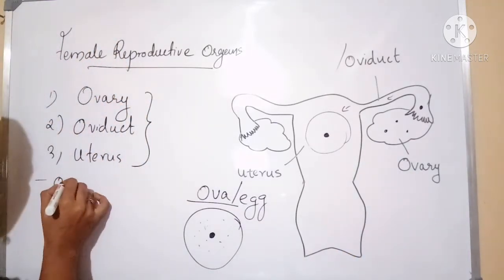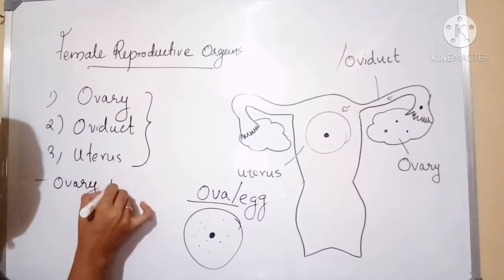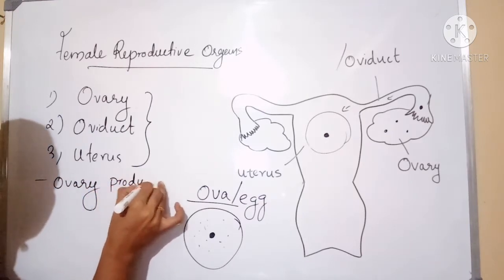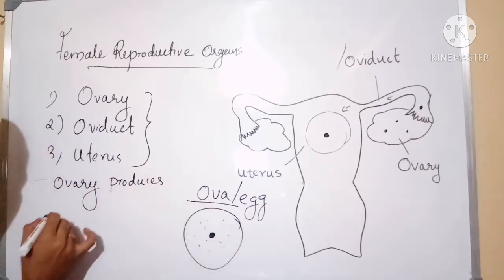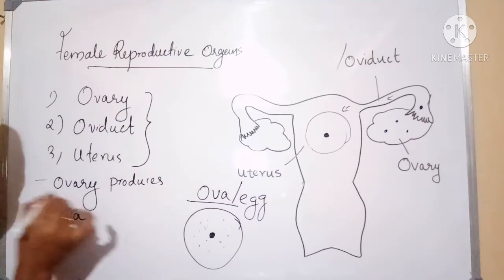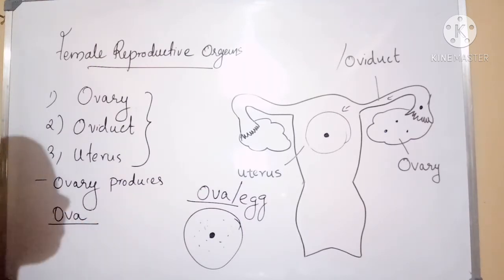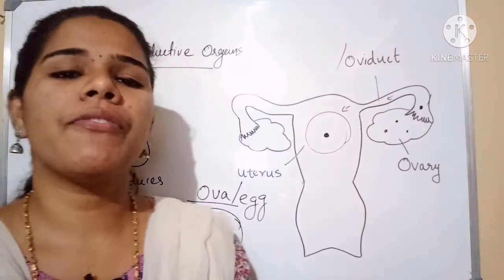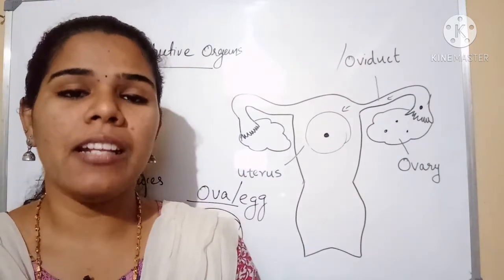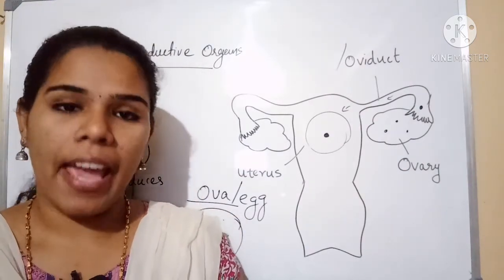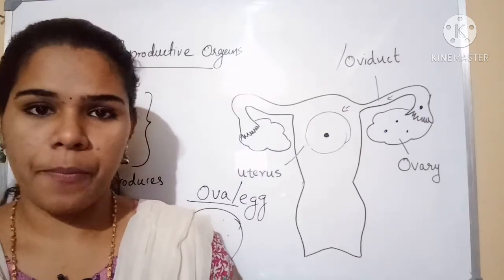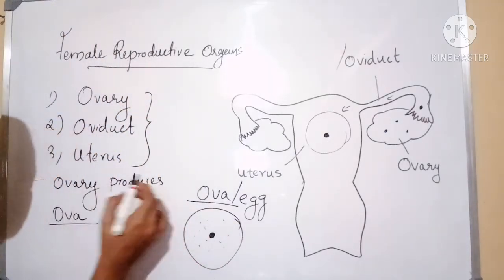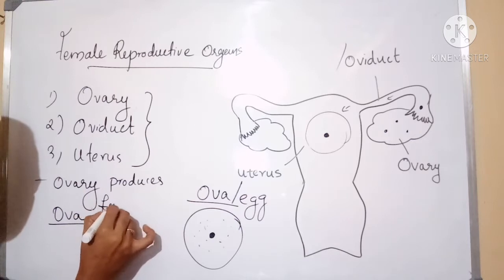The ovary produces mature ova. The ovary produces a single-celled female gamete called egg or ova.